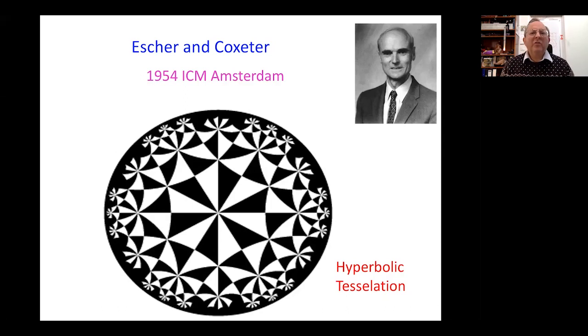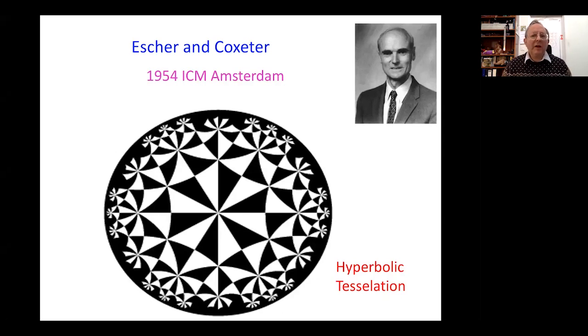And the ICM, in a very sensible plan, decided to have an exhibition of Escher's work. And Coxeter met Escher at that exhibition and started a fantastic correspondence, where you see the maths of Coxeter and the art of Escher again coming together in an amazing way.